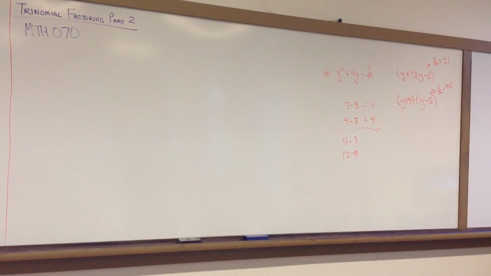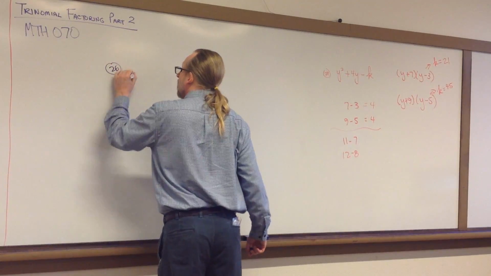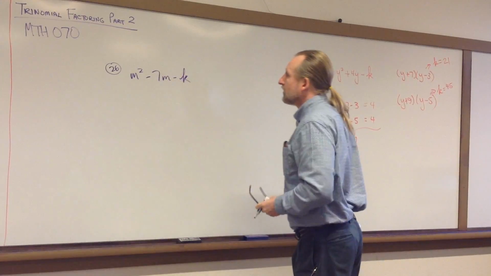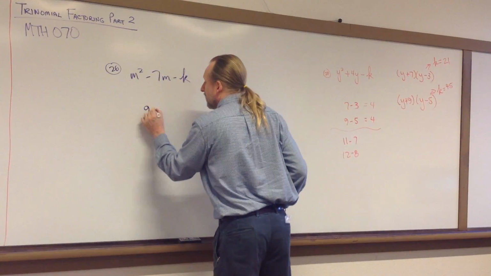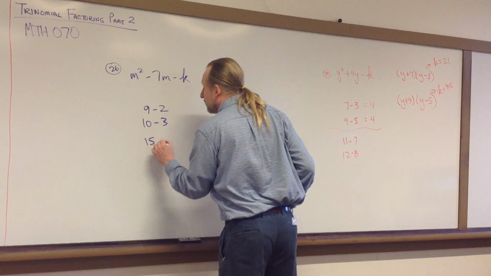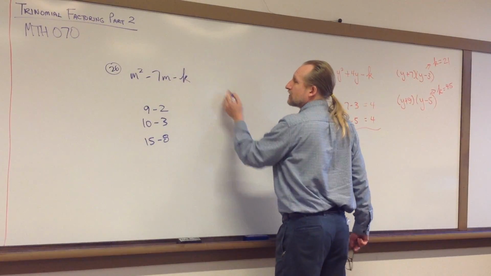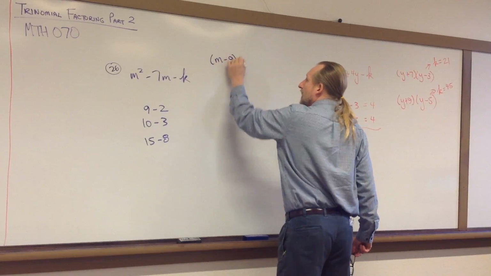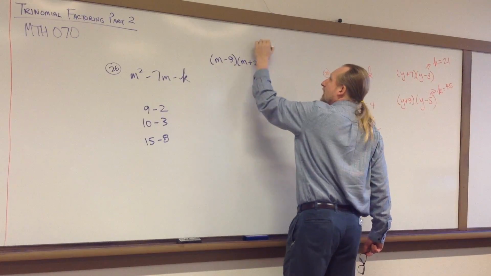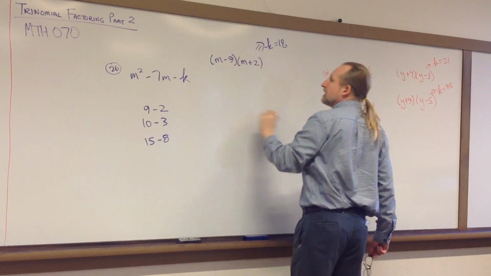Let's see here. Problem 26, m squared minus 7m minus k. Okay, so we need a difference of 7, so we could have 9 minus 2, 10 minus 3, 15 minus 8, whatever we want to do here. So let's say we had m minus 9 times m plus 2. That would give us the negative 7 in the middle, and that would make k equal to 18. 9 times 2 is 18.